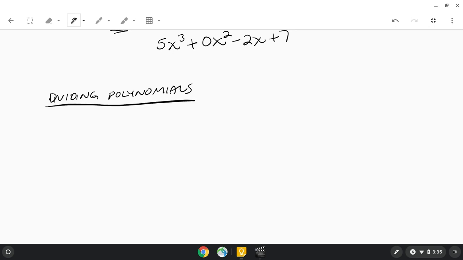Suppose that I want to do this long division problem. Suppose that I am going to divide by x minus 4, and I will be dividing that into 6x squared minus 26x plus 12.